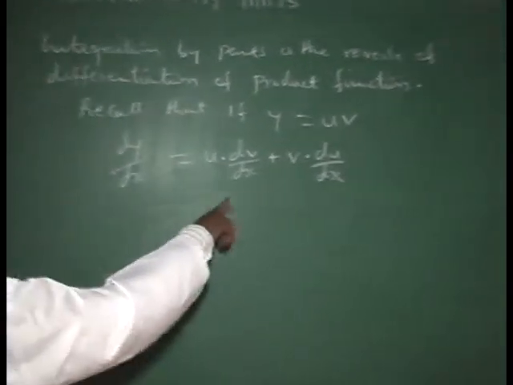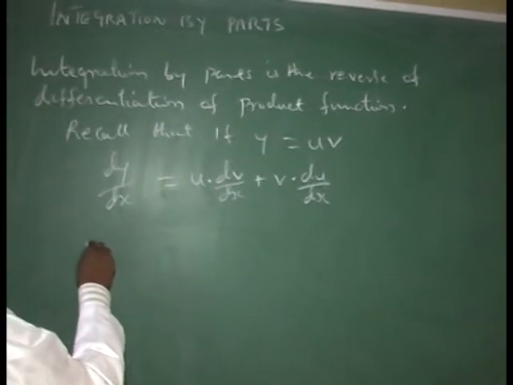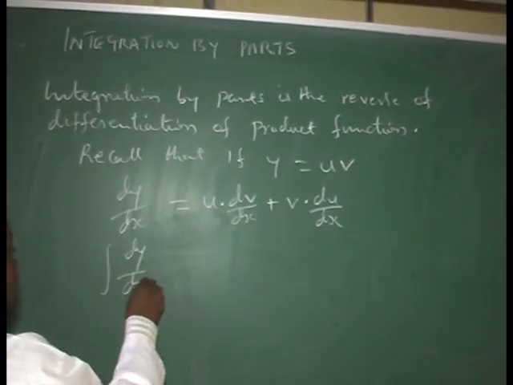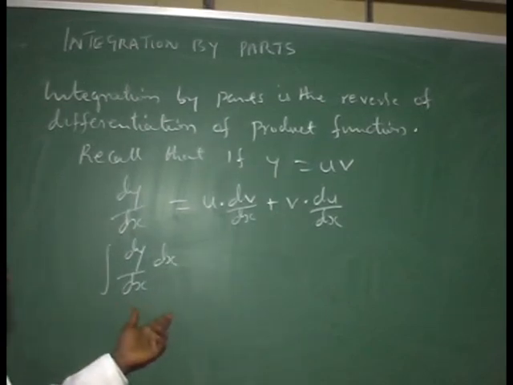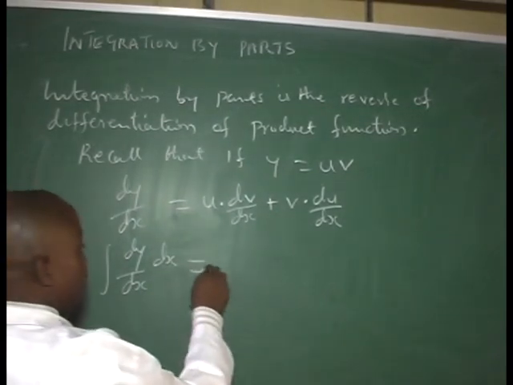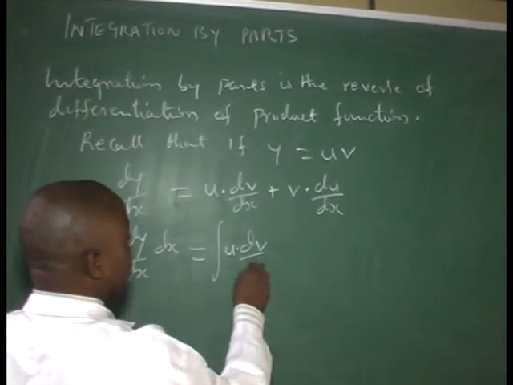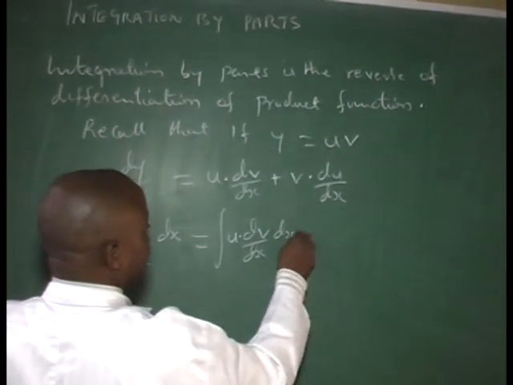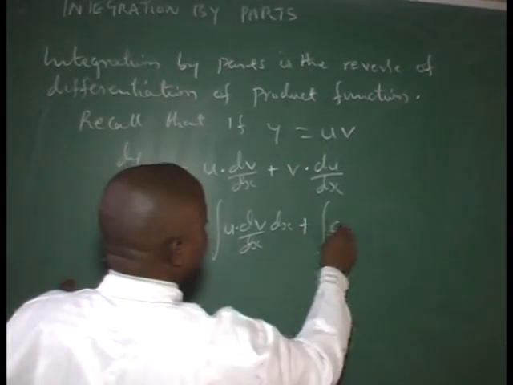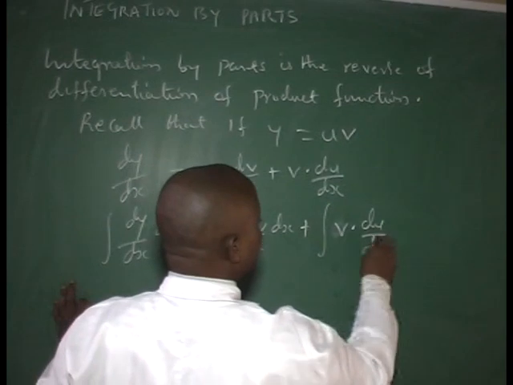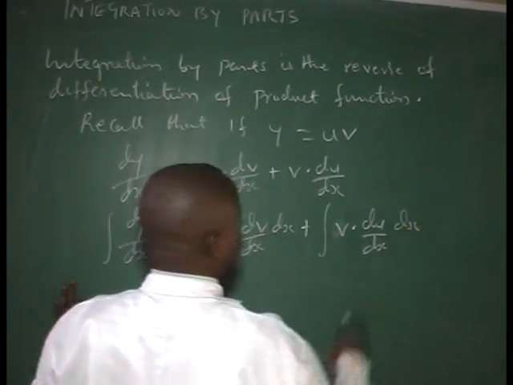Now, integrating both sides, we will have the integral of dy over dx, dx, because we are integrating with respect to x, equal to the integral of u dv over dx, dx plus the integral of v du over dx with respect to x.